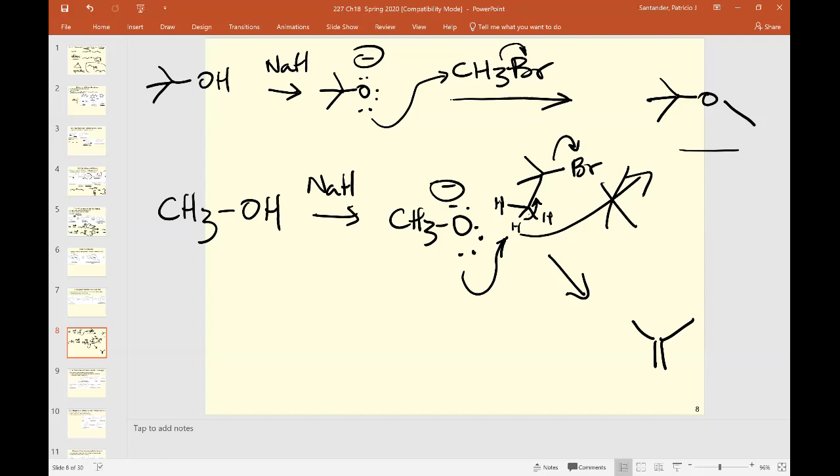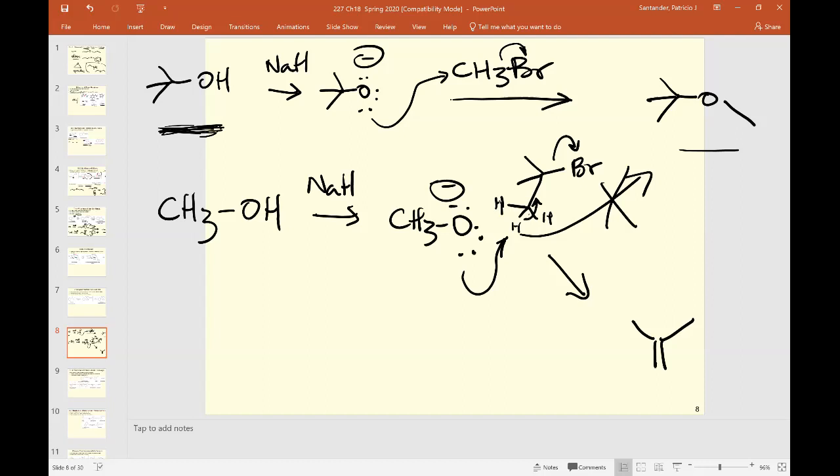So that's why the recommendation is that for a successful Williamson ether synthesis, you should always use the more highly substituted alkoxide with the less highly substituted alkyl halide. Here, the more highly substituted alkoxide comes from tert-butanol.